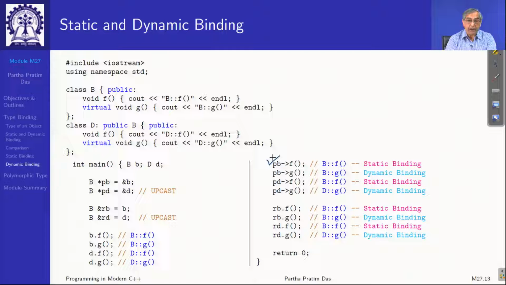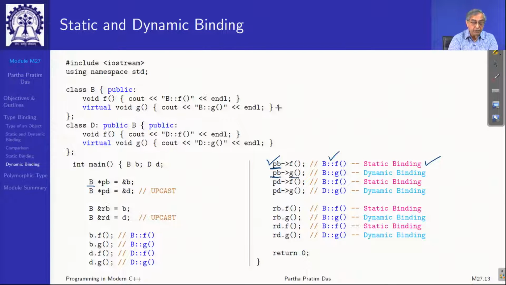Now, suppose I call these functions using pointer p b pointer f. Now, what is f? f is a non-virtual function. So, it is statically bound. So, which function it will call is decided by the type of p b, which is the base class. So, it calls B::f, we have a static binding. But what happens if I call p b pointer g?